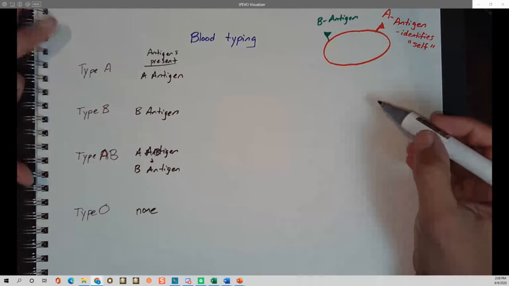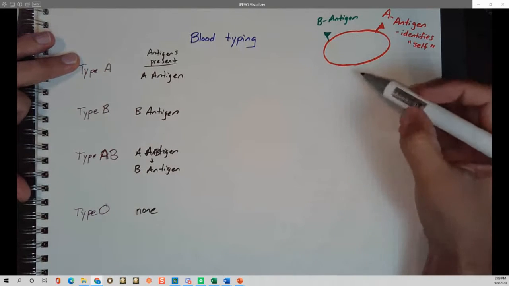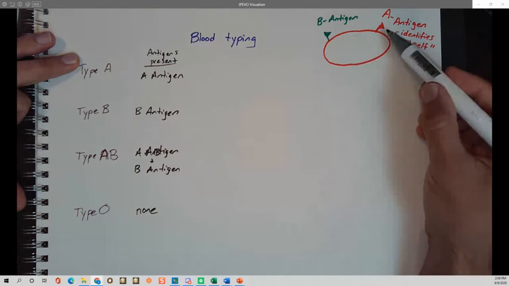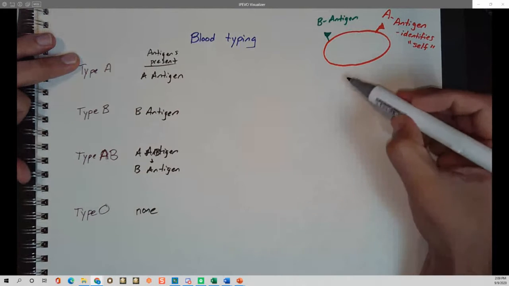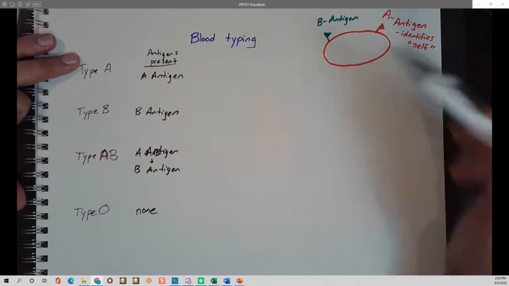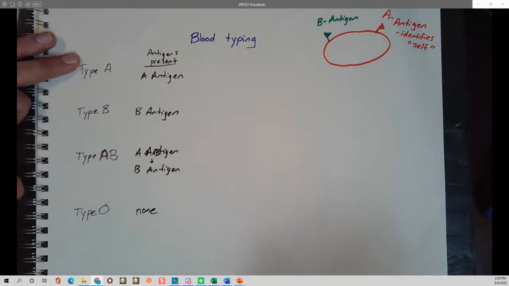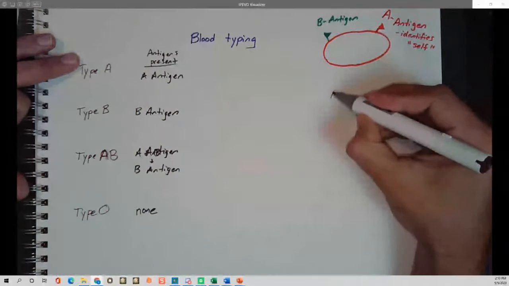As the lymphocytes are running around checking for flags, if they find a flag that should not be there, then they are going to tag it. They're going to put a little label on it that says, this needs to die. What is that tag called? It's called an antibody.